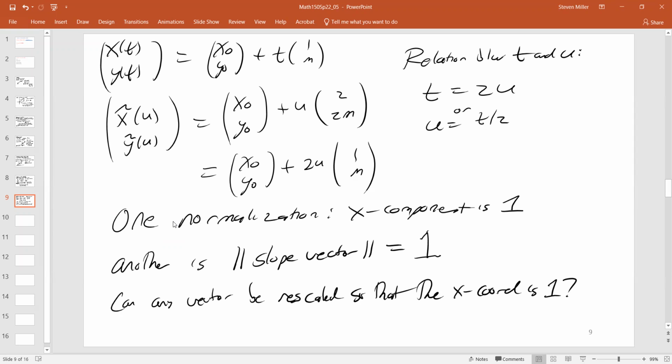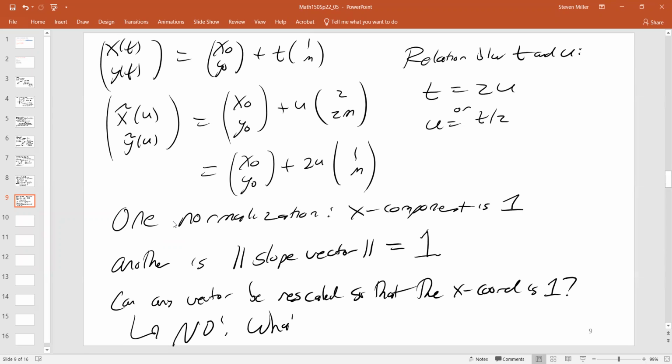It's okay. There's one thing you have to be careful with. If I give you the vector 3, 7, I can rescale by 1/3. If I give you the vector negative 3, 7, I can rescale by negative 1/3. What do you have to worry about? If x is 0. What if the x coordinate is 0?